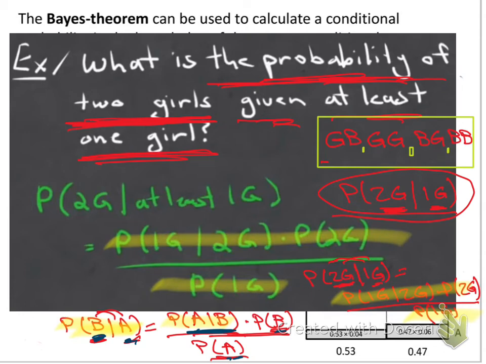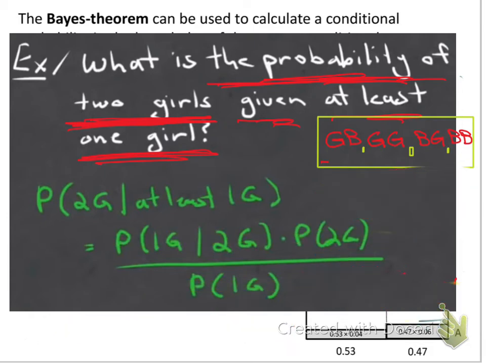The probability of 1G given that we have 2G times the probability of 2G, which we are having here, divided by the probability of 1G. So now, what is the probability of 1 girl given that I have 2 girls?